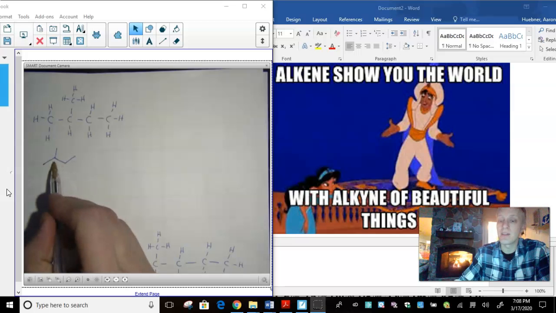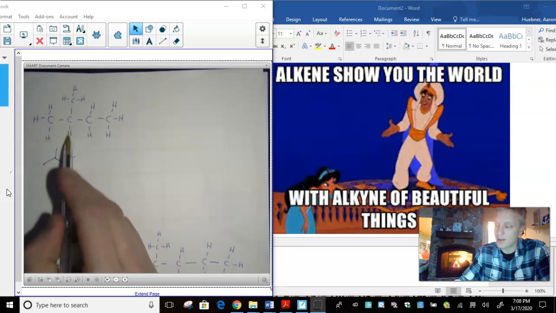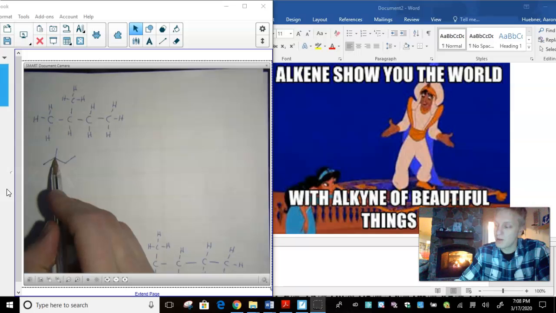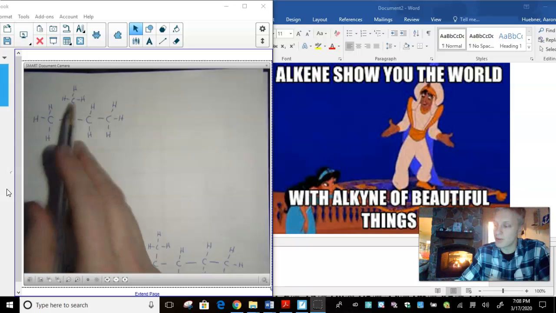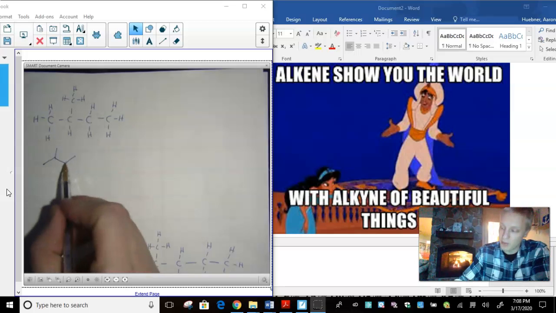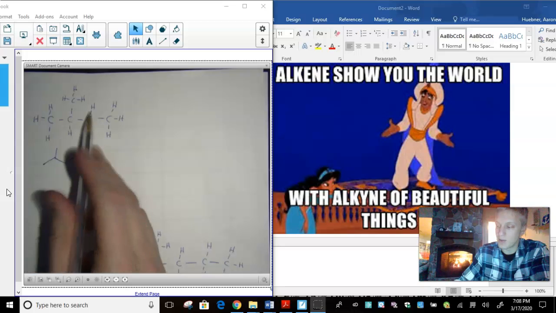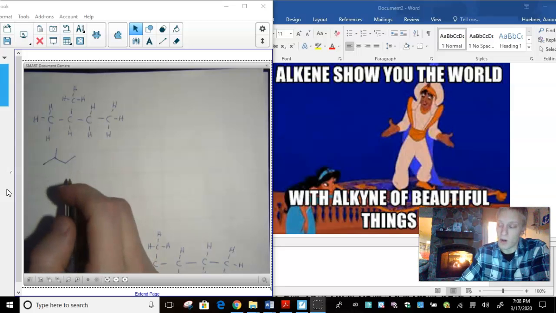That's 3 bonds. 1 more would be 4, so there it is, 1 hydrogen. And this is a carbon attached to a carbon. That's 1, 2, 3, 4, so it's got 3 hydrogens. And same here, we've got 1 carbon, so it's got to be attached to 2 hydrogens, and so on.